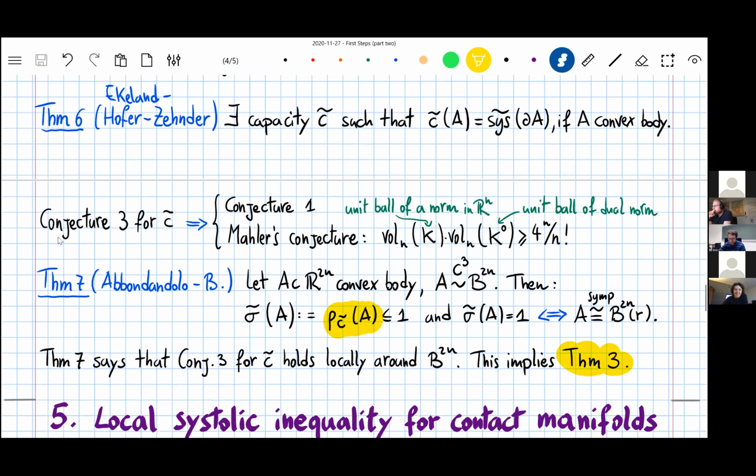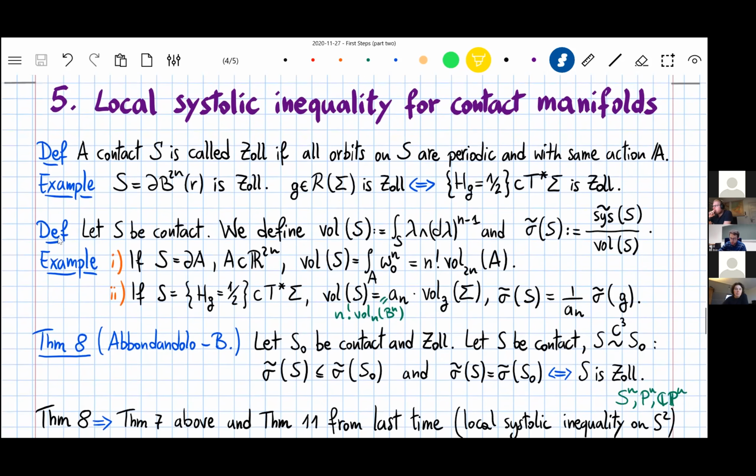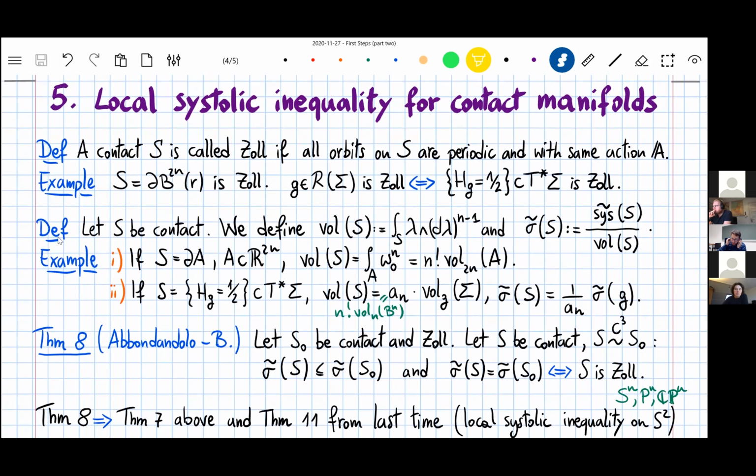Okay, very good. So this more general result I was alluding to is a systolic inequality for contact hypersurfaces. It is motivated by the fact that in this conjecture by Viterbo, the ball plays a special role.